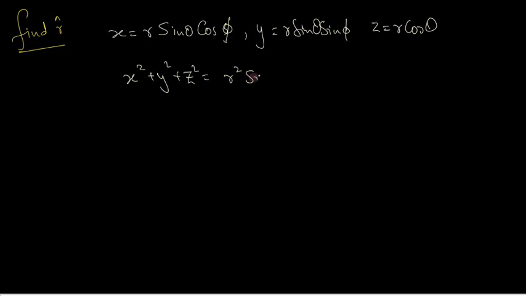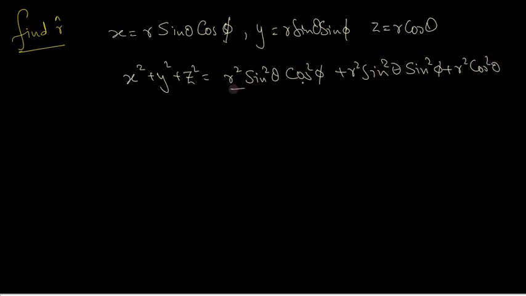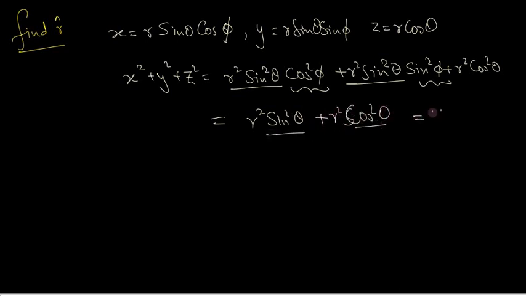This will be r square sine square theta cos square phi plus r square sine square theta sine square phi plus r square cos square theta. Here these terms will combine, and cos square phi plus sine square phi will give you 1. So this is r square sine square theta plus r square cos square theta, which combine to give you r square. So r square is equal to x square plus y square plus z square.